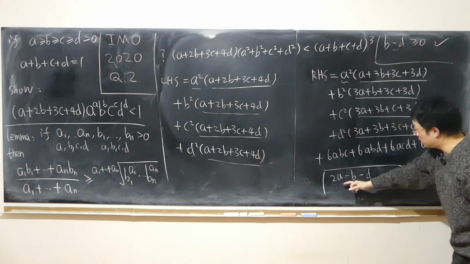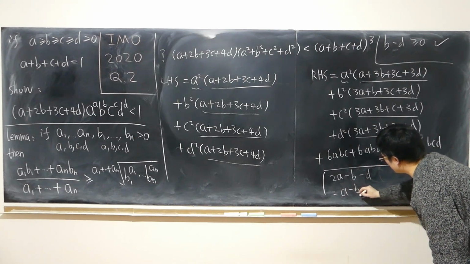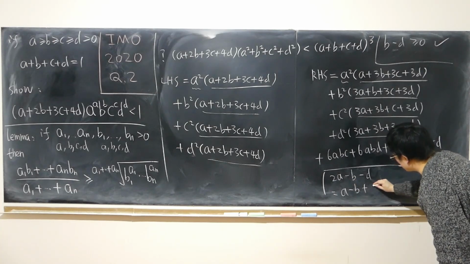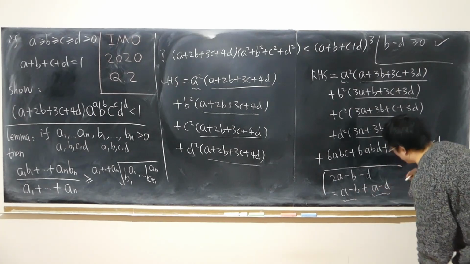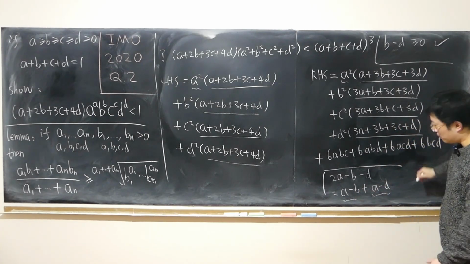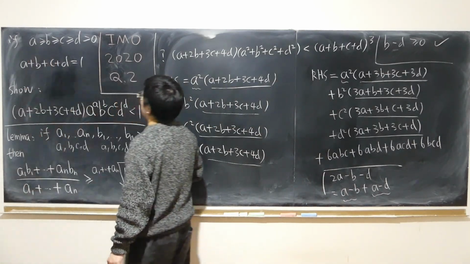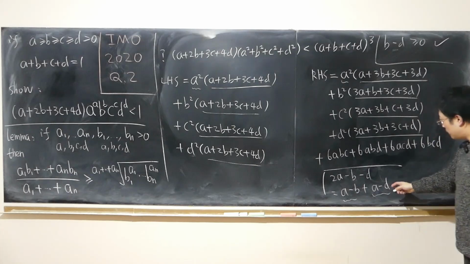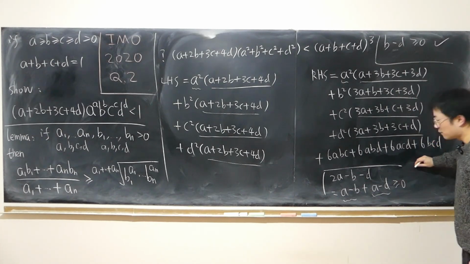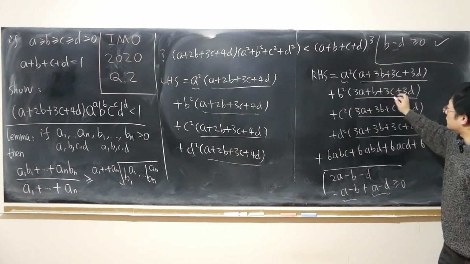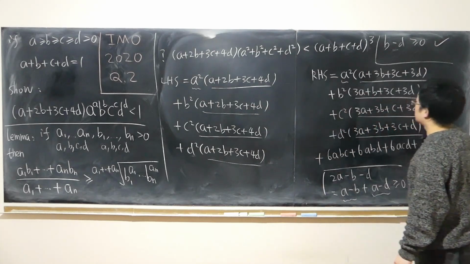B minus D. Here the only difference is that A minus B then plus A minus D, right? Look at this and look at that. A minus B definitely greater than or equal to 0. Right? Likewise, A minus D, same thing. So really, this is bigger than that. So that is less than this.